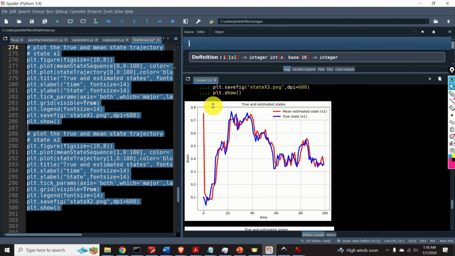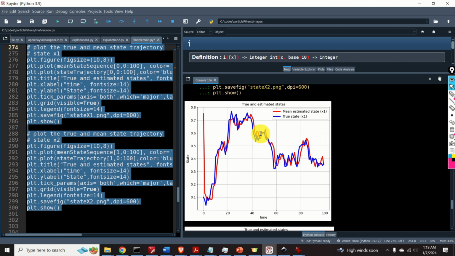This figure over here shows the mean estimated state, that's the red line, and the true state x1. We can see that the mean estimated state converges very quickly to the true state. However, you cannot have a perfect match between the true state and the mean estimated state.